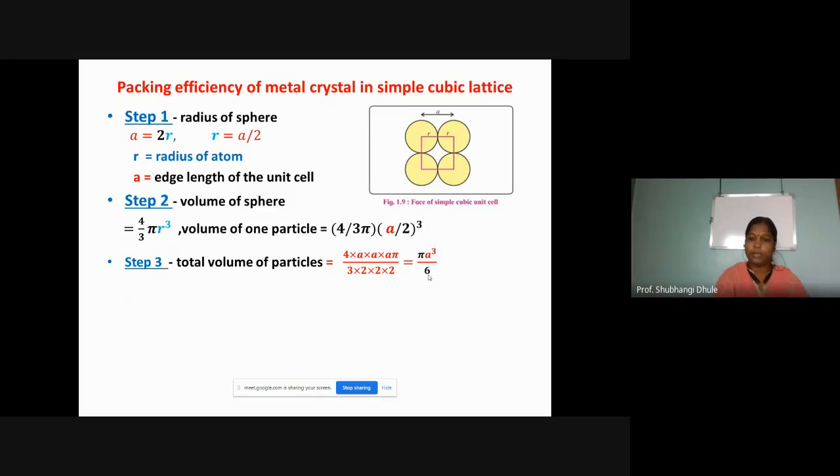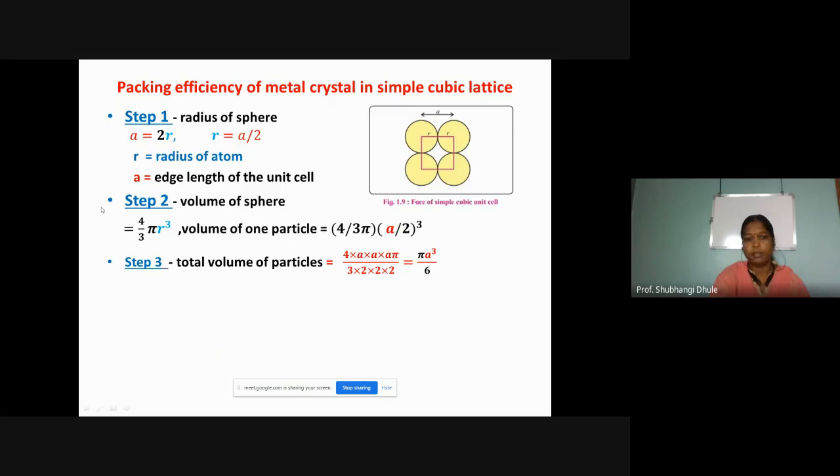Now we know that a simple cubic or primitive cubic unit cell contains only one particle. We have already calculated this. Because this is the volume of one sphere, and the unit cell contains only one sphere, the total volume of the particles in the unit cell becomes pi a cube upon 6.